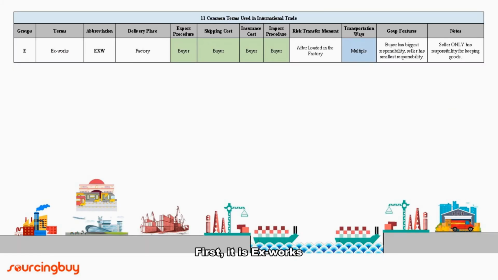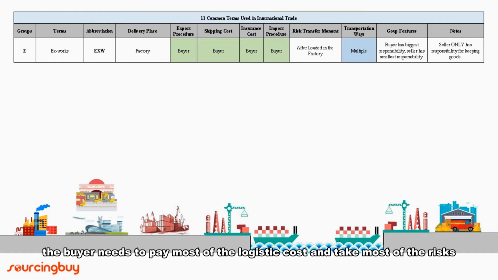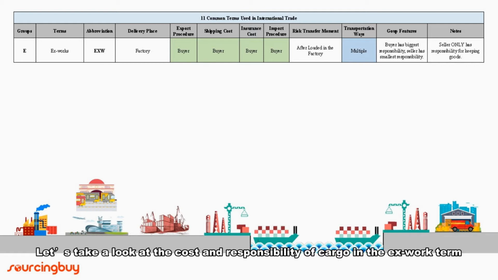First, it is Ex Works. The abbreviation of this term is EXW. As a seller, Ex Works is the smallest term, with the smallest responsibility of cost and risks, because with this term, the buyer needs to pay most of the logistic cost and take most of the risks. Let's take a look at the cost and responsibility of cargo in the Ex Works term.